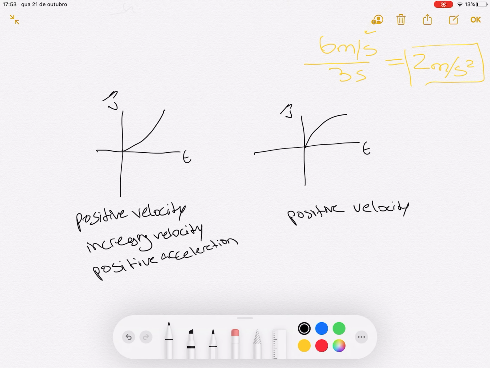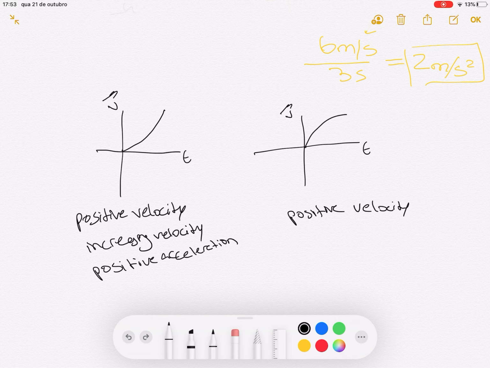Does it have an increasing velocity or a decreasing velocity? Well, in this case, since the line has a slope that is gradually becoming less, it's decreasing.